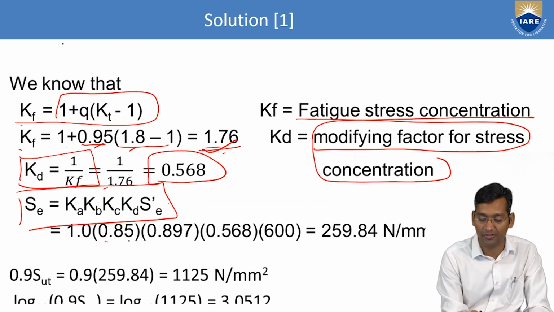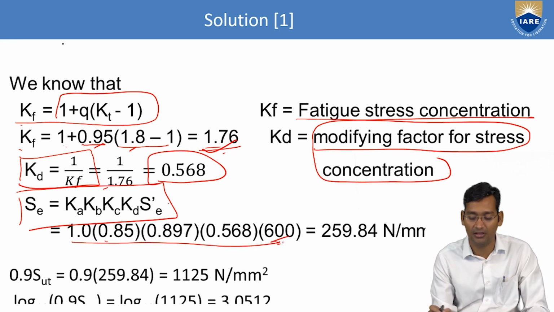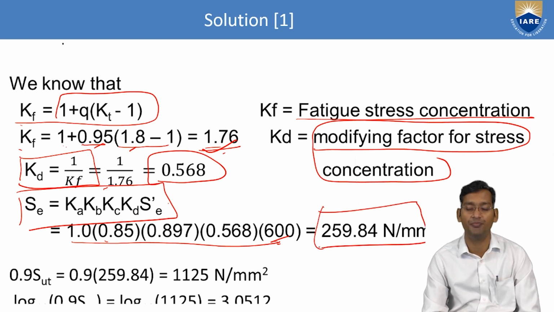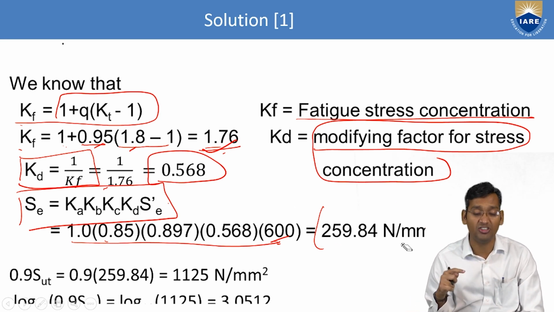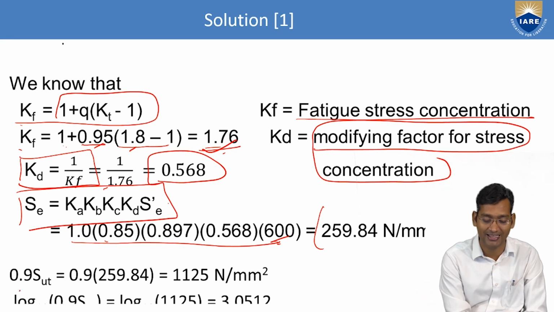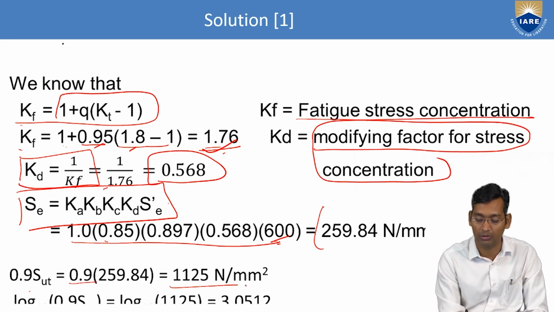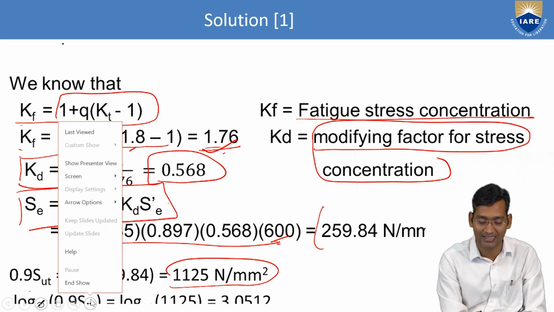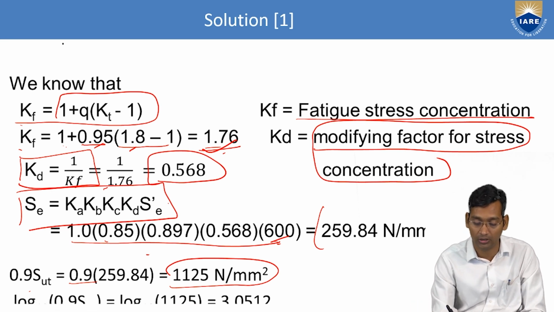After substituting all the values and multiplying, with S E dash as 600, we get S E as 259.84 Newton per mm square. The reliability given is 90%, so 0.9 S UT is 0.9 into 1250, which gives 1125. Now take log on both sides: log of 0.9 S UT equals log 1125. From here, what will you get?